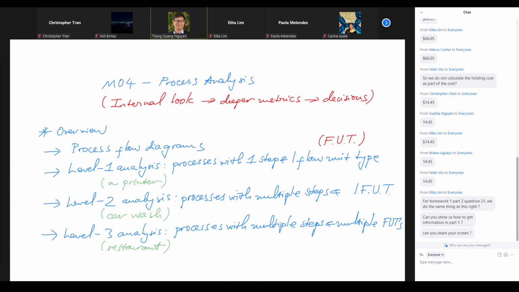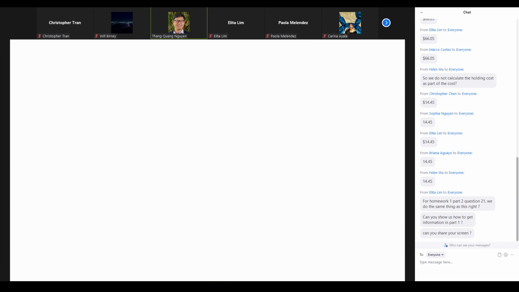The very first thing we talk about here is, since we are very short on time, I would like to just give you some convention on how to draw the process flow diagram.